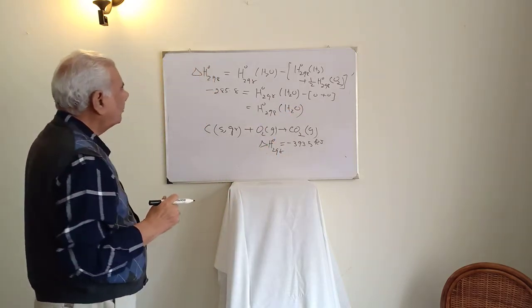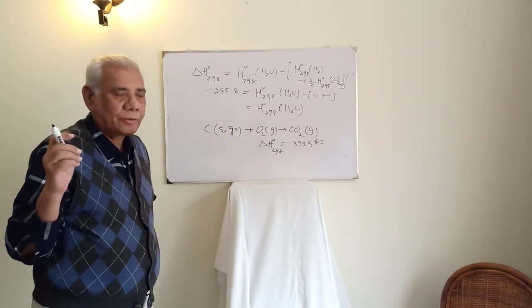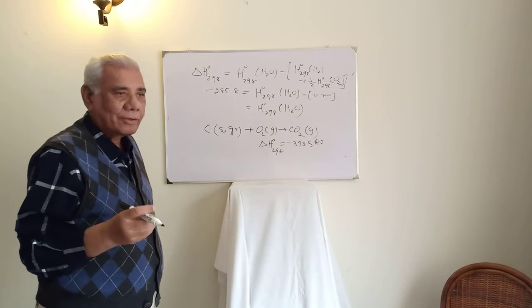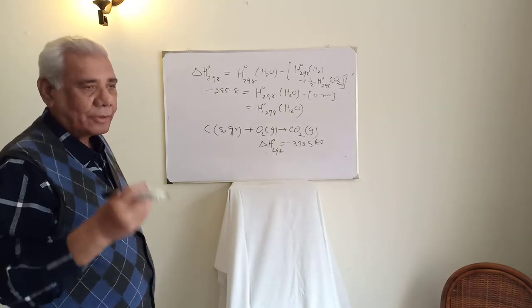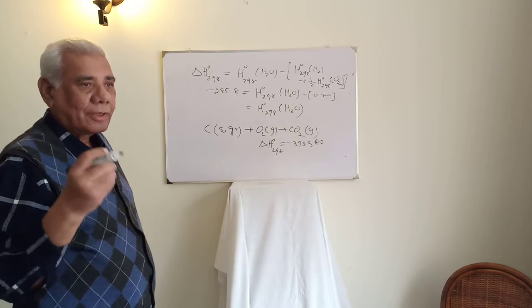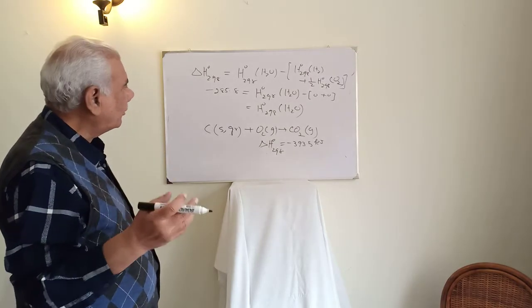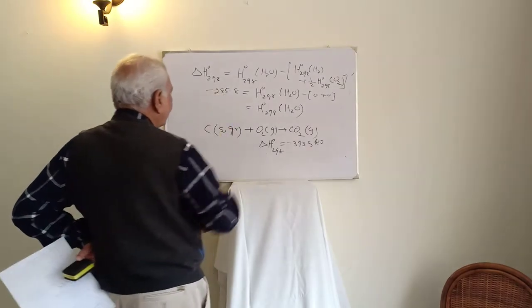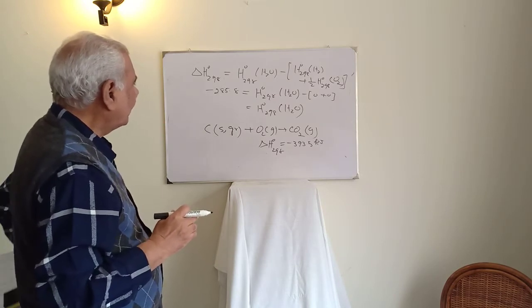In other words, when 1 mole of water is produced from its elements hydrogen and oxygen in their most stable state at a pressure of 1 atmosphere and 25 degrees centigrade temperature, then the enthalpy change is minus 285.8 kilojoule.